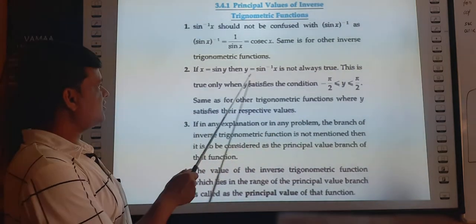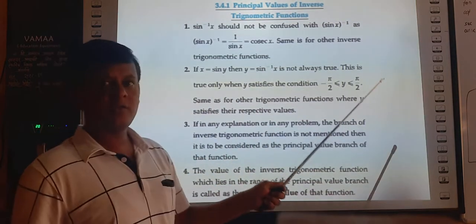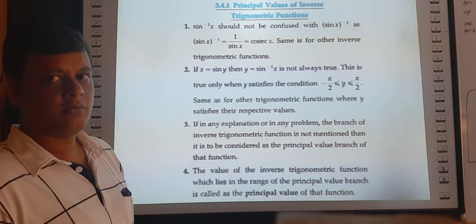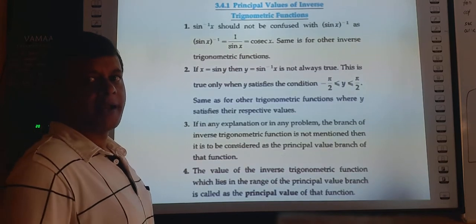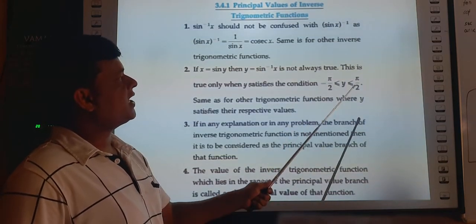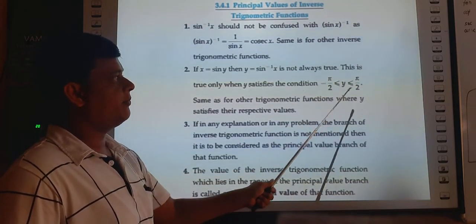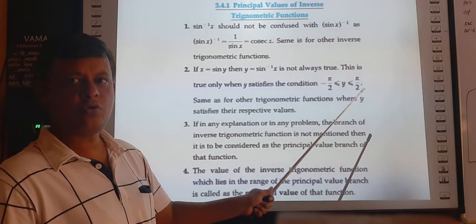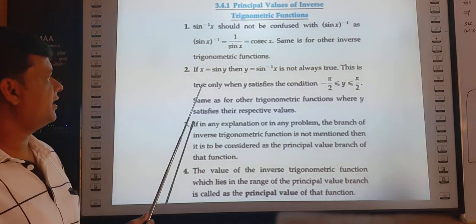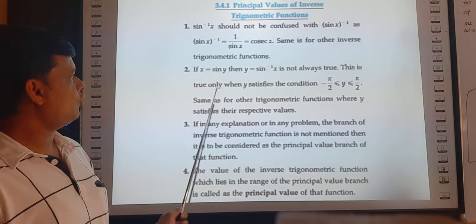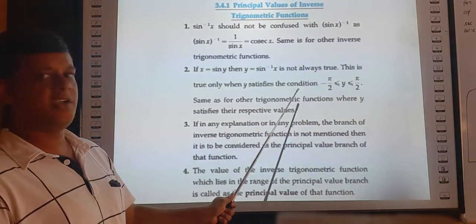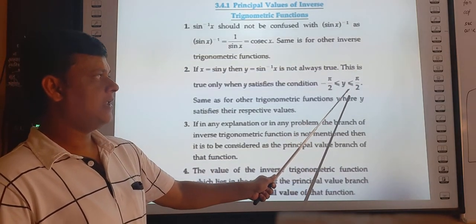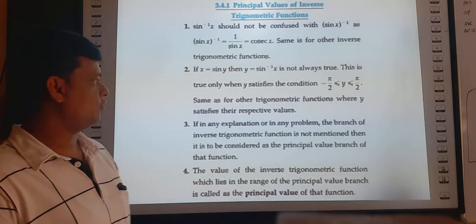It is true when, as we saw in the previous table, y lies in the principal branch range, which for sin inverse is the closed interval minus pi by 2 to plus pi by 2. So this is true only when y satisfies the condition minus pi by 2 less than or equal to y less than or equal to plus pi by 2.